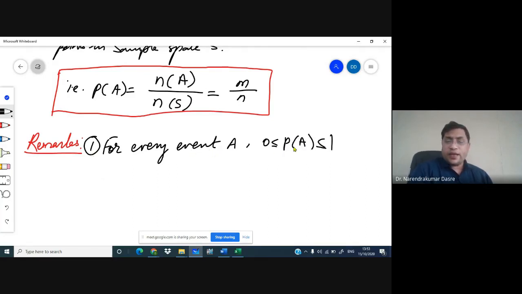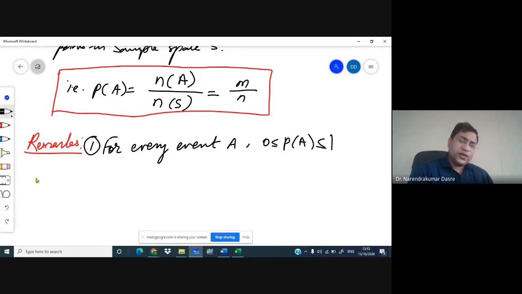So for any event A, the probability is always between 0 and 1. It will never be less than 0, and never greater than 1. Probability is always positive, because the number of elements in any set is always positive, and the number of elements in S is always positive, so the ratio is always positive. It is positive, but at most 1.